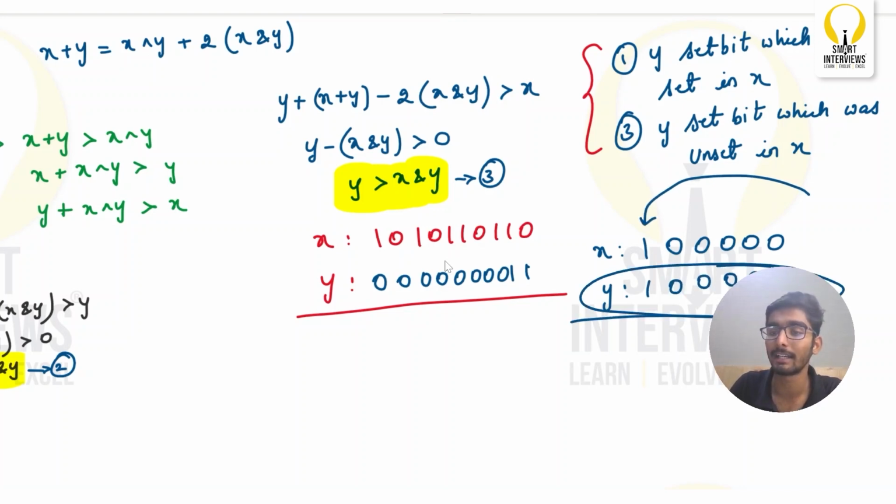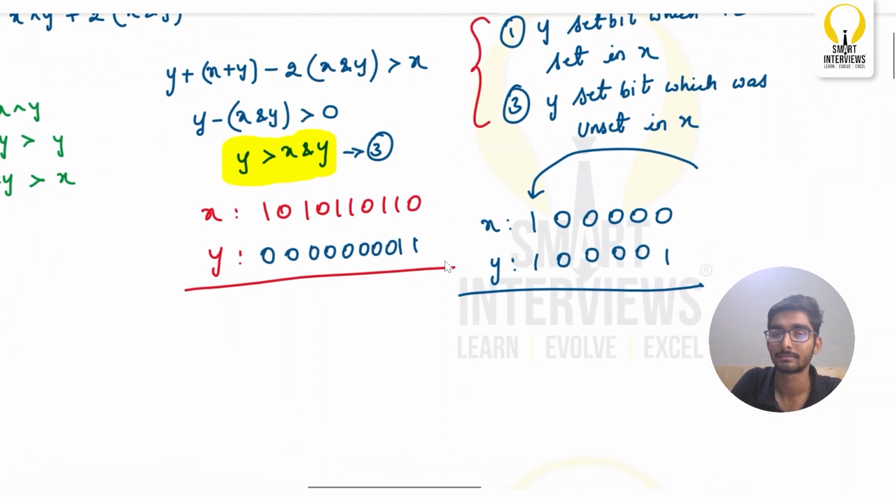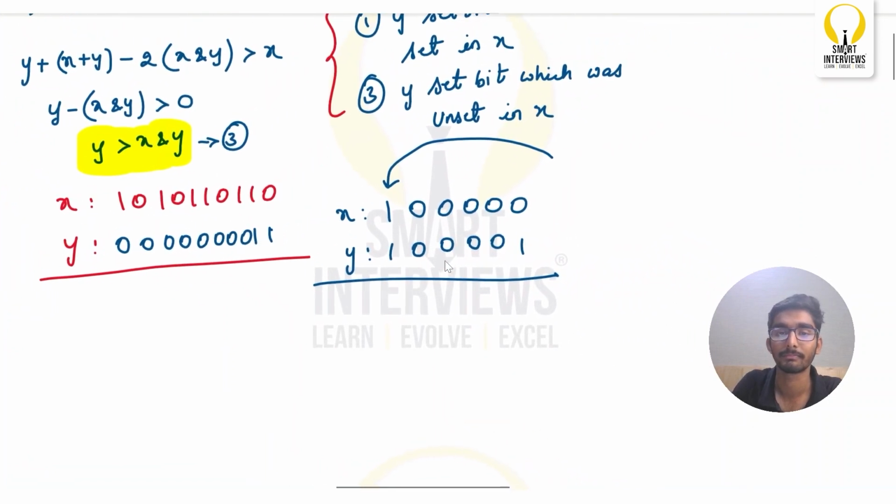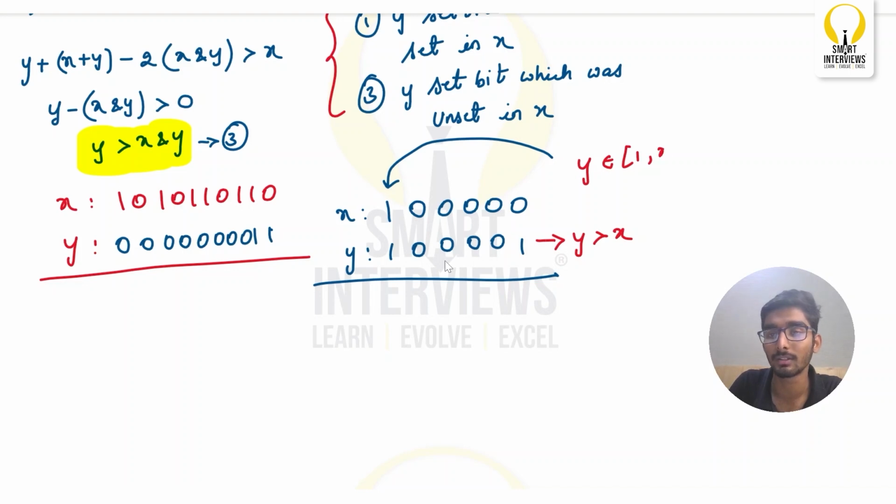But is this a valid y? No, right? This y is greater than x. According to the constraints, y has to be from 1 to x minus 1, right?